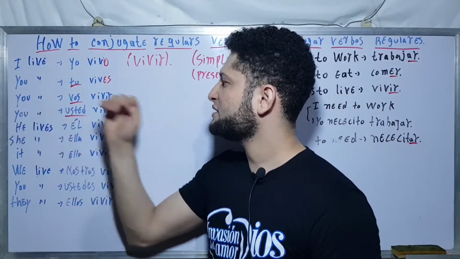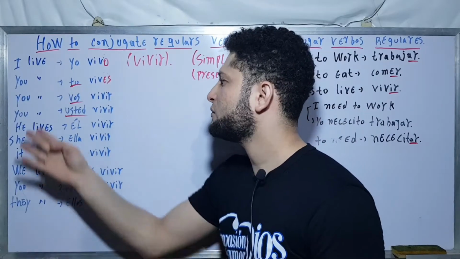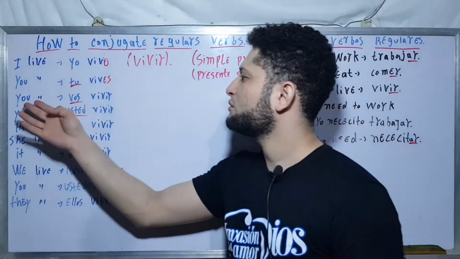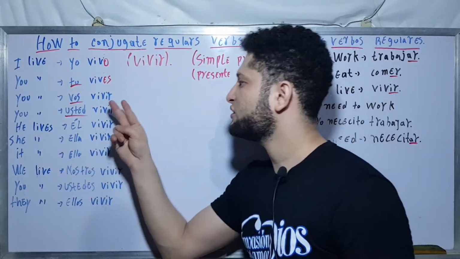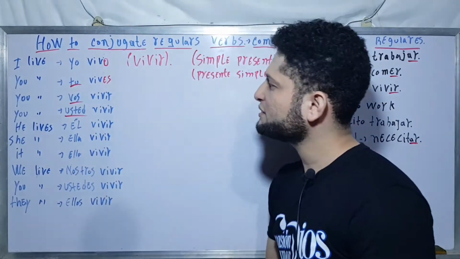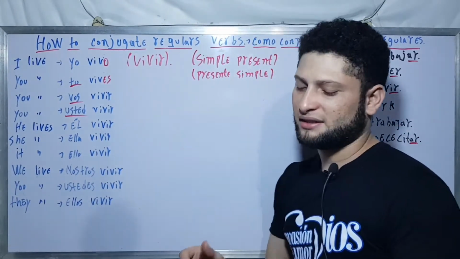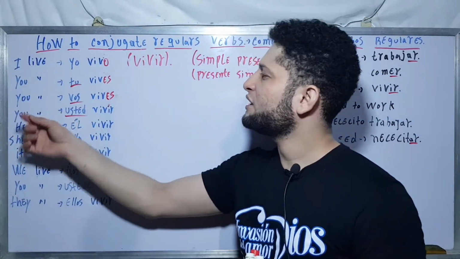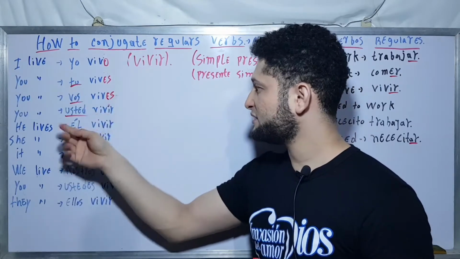And in this case it's the same, but you know that this is the normal one, and this is the informal one. So vos vives. We need to remove both of them, the last two letters, and add ES. You see, once again, tú vives, vos vives.